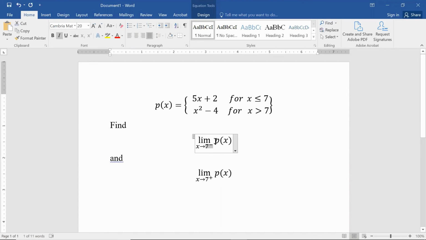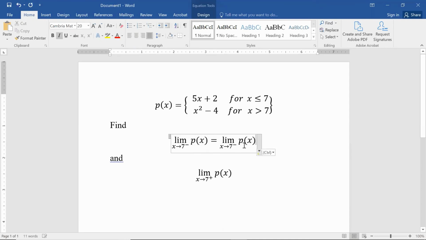And the evaluation of my p of x, when it's below 7, well, that's just 5x plus 2. So if I restrict values to below 7, I can say the left-hand limit has to be the same thing as this.